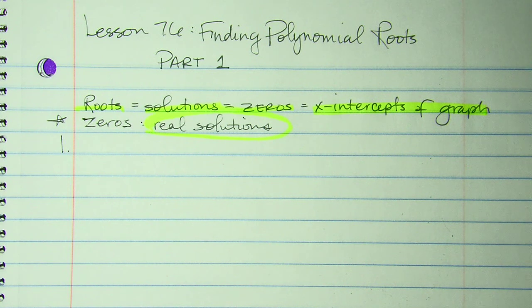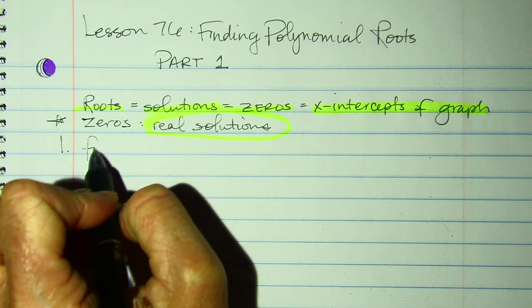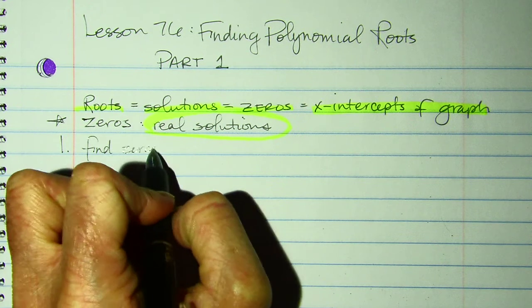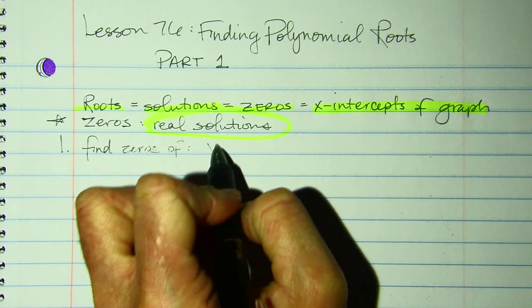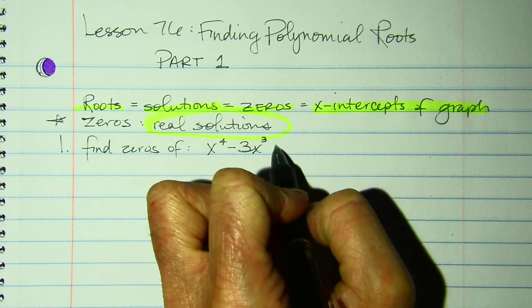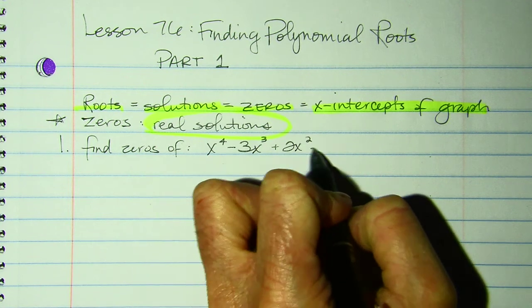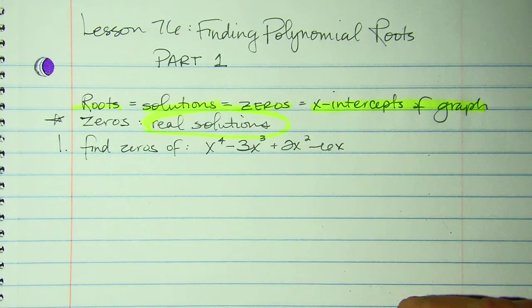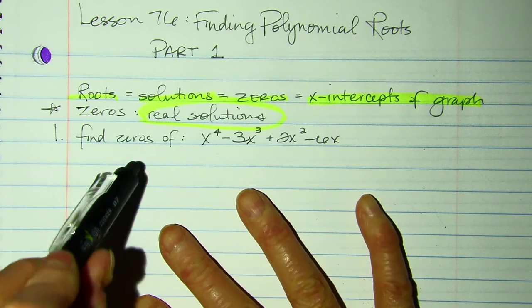I'm going to do an example with you. Find the zeros of x to the fourth minus 3x cubed plus 2x squared minus 6x. We're going to use different methods today.